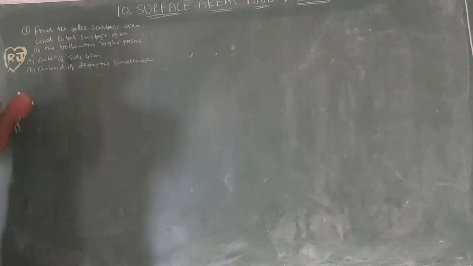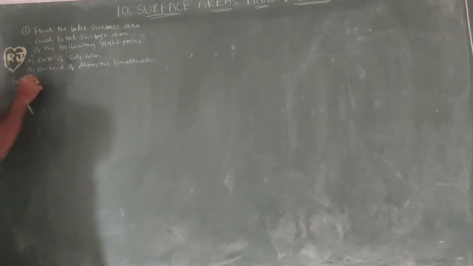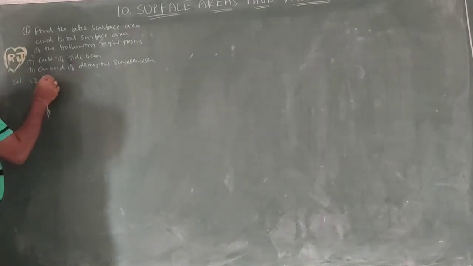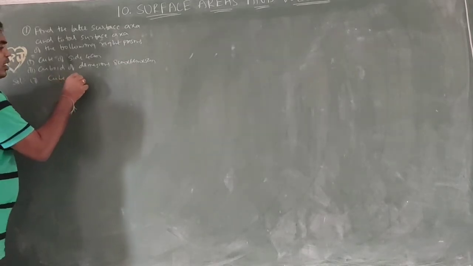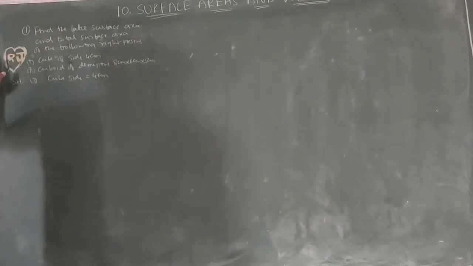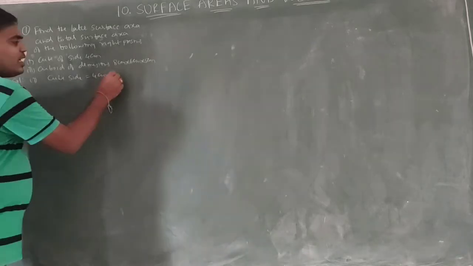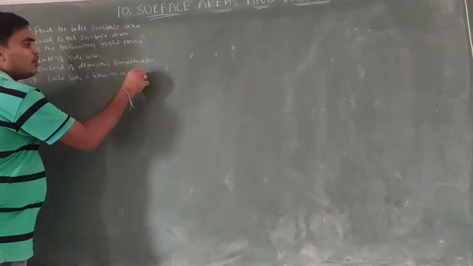So first one, solution. First one, cube side equal to 4 centimeters. That is A. I am taking A equal to 4 centimeters.